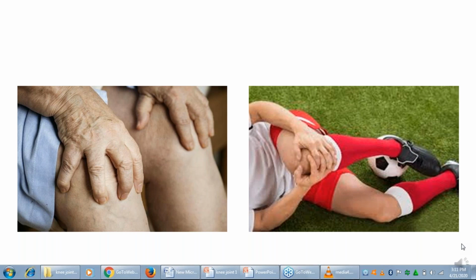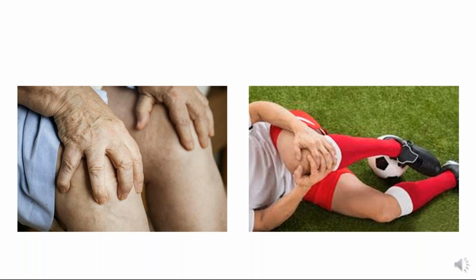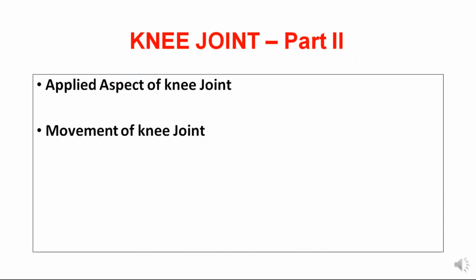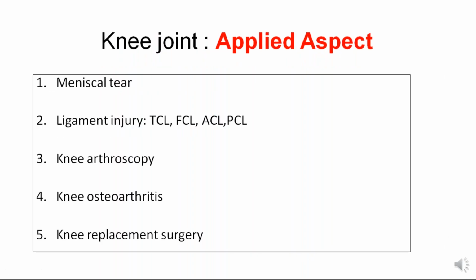The various applied aspects are the meniscal tear, ligament injury involving the tibial collateral ligament, fibular collateral ligament, the two cruciate ligaments, anterior and posterior cruciate ligament, knee arthroscopy, knee osteoarthritis, and knee replacement surgery. Now, to begin with the meniscal tear first.